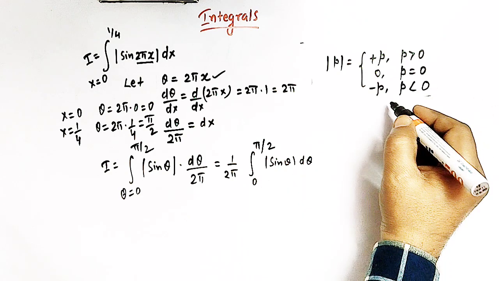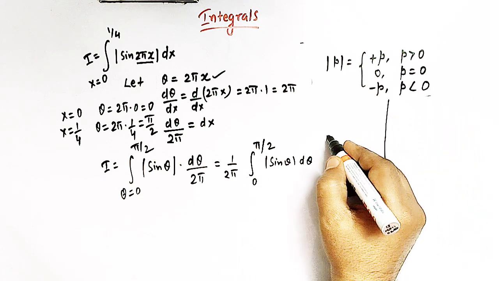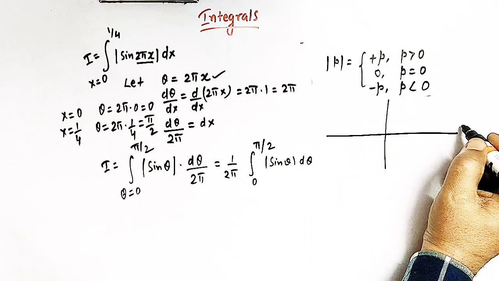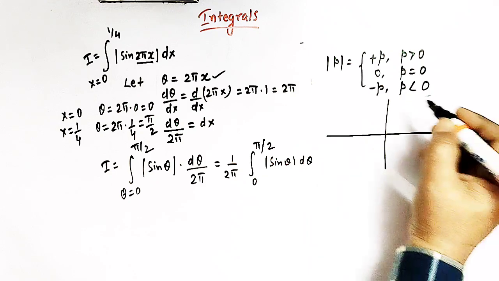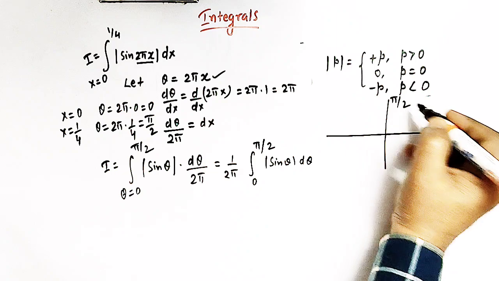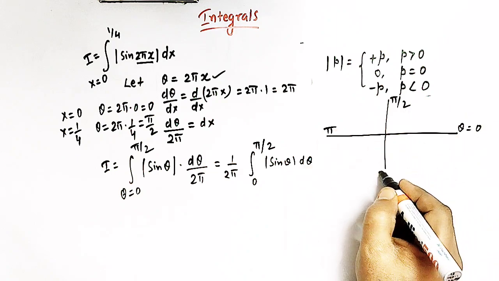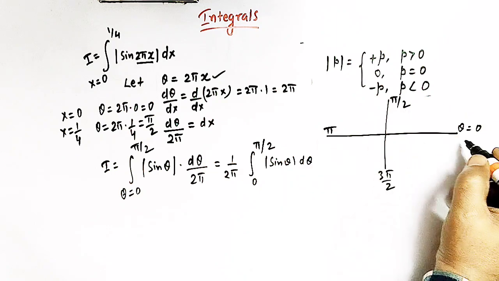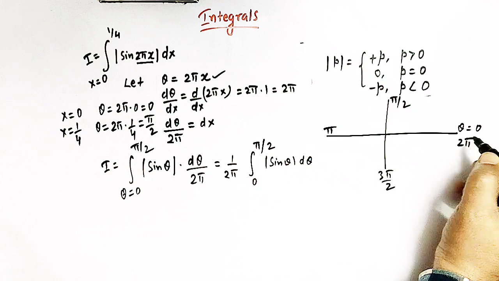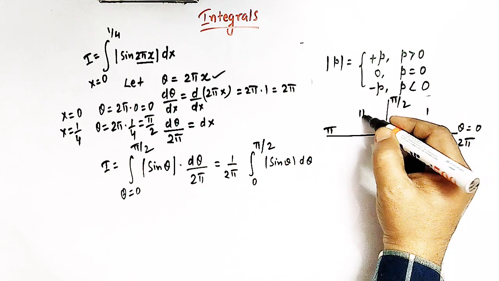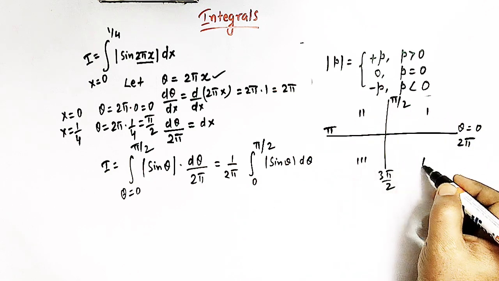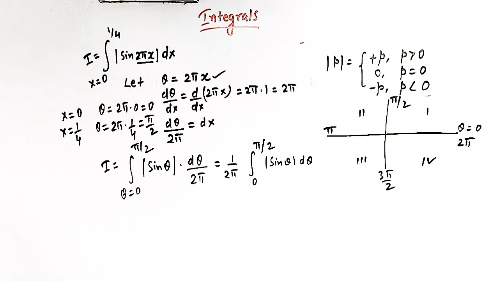If we look at the four quadrants, here we have theta 0, here pi by 2, here pi, here 3 pi by 2, and here 2 pi. This is the first quadrant, this is second, this is third, and this is fourth.